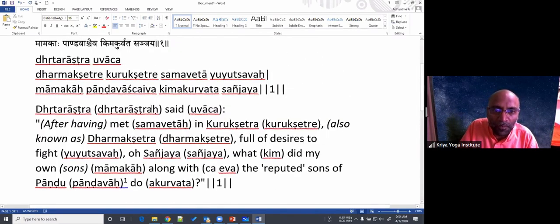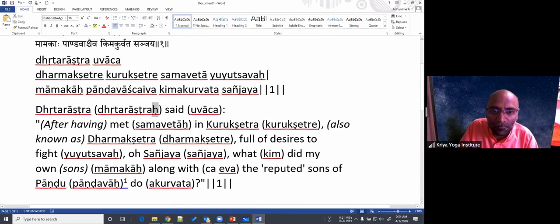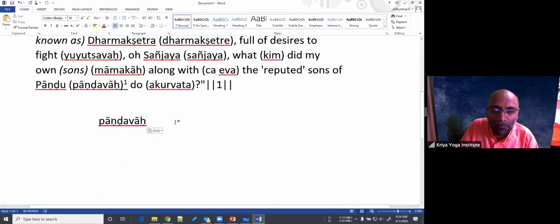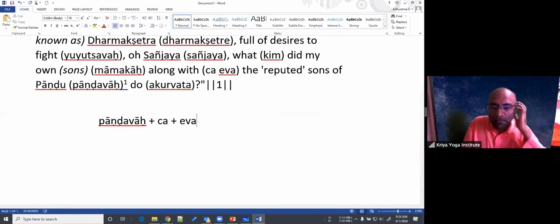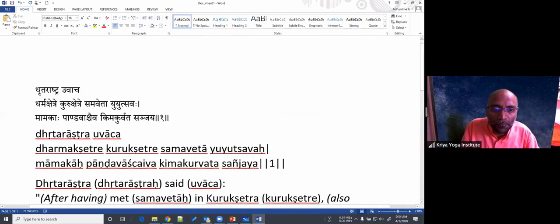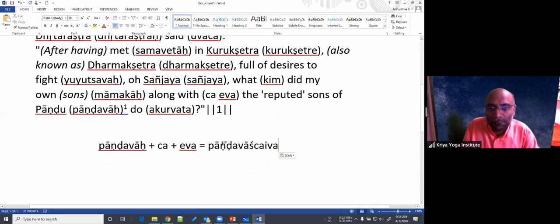Actually, the actual word is Pandavaha. And we have Cha plus Eva. These three words have become Pandavaschaiva. So this is how Sandhi has happened.